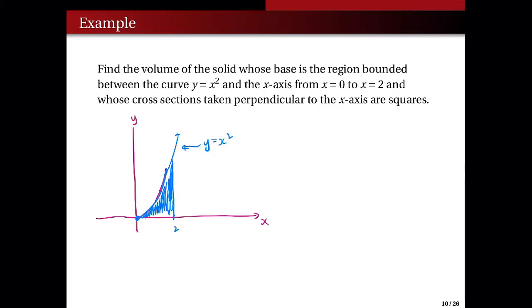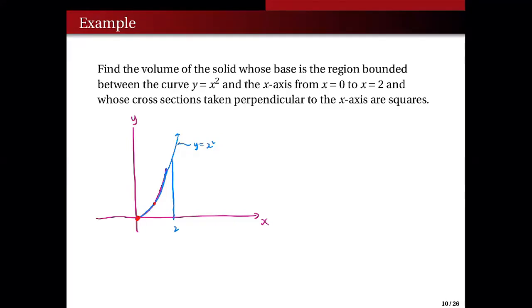Now, let me remove the shade here. So this is y equals x squared. So what does this mean? At this point here, it's just a point.